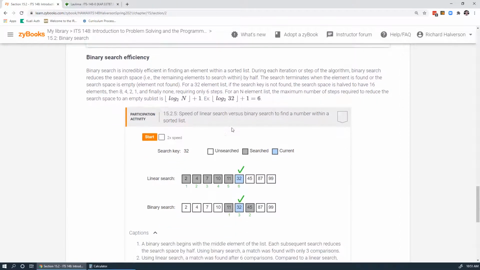Okay, so for efficiency, we see that because we cut it in half each time, we get down to only looking at one element a lot quicker, or looking at the last element that we're going to look at a lot more quickly. And it's not the last one in the list either, which is how a linear search would work.